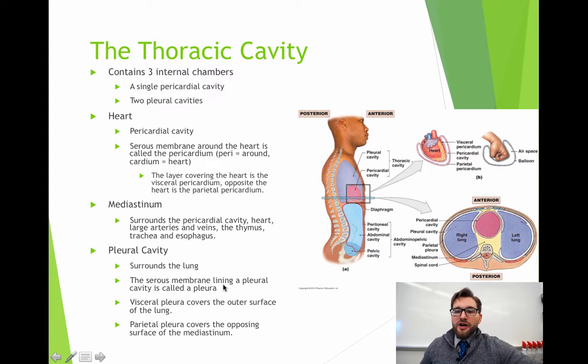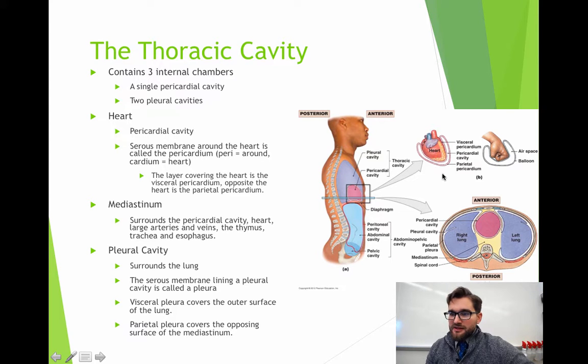The serous membrane around the heart is called the pericardium. So peri meaning around, cardium meaning heart. The layer covering the heart is the visceral pericardium. Opposite the heart is the parietal pericardium.